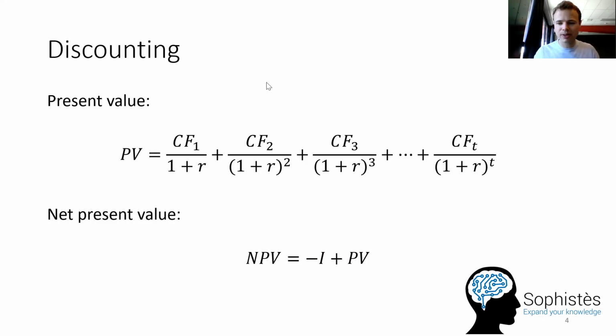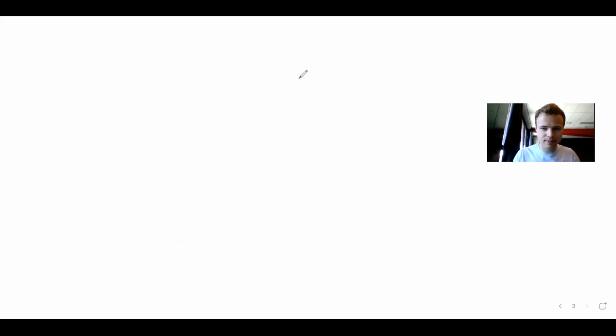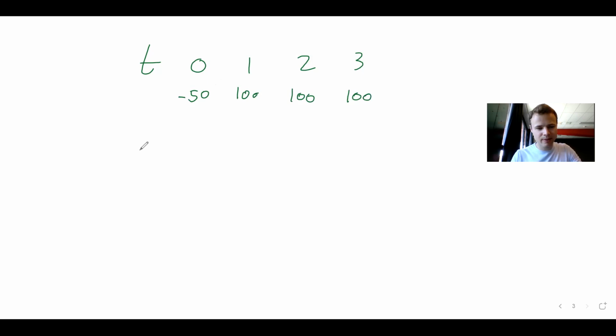Yeah, I can show you one quick example. It's just an introduction. So let's say that the cash flows are like this. I have to invest 50 euro, but then after that I get 100 euro, 100 euro, 100 euro.